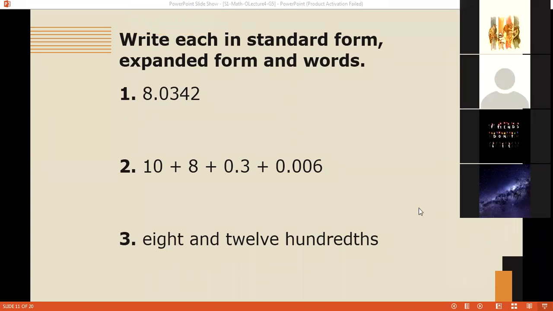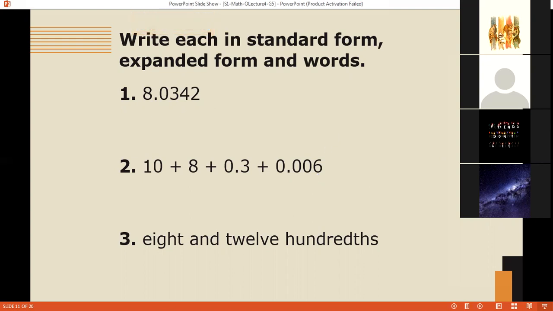Rasha, do you know how to do it? Yes. Yalla, Rasha. 8 plus 0 point. 8 plus 0.03, bravo, plus 0.004, bravo, plus 0.0002.